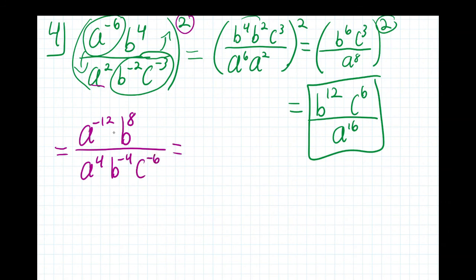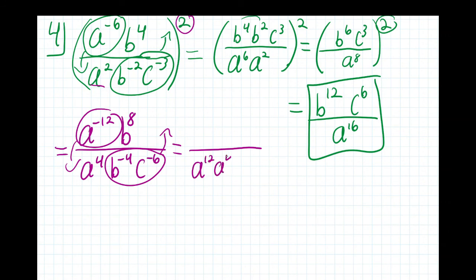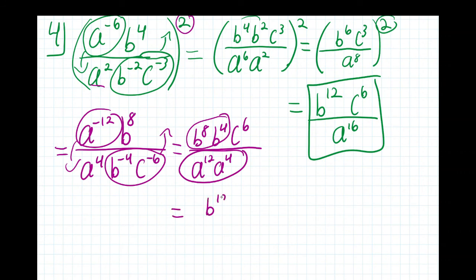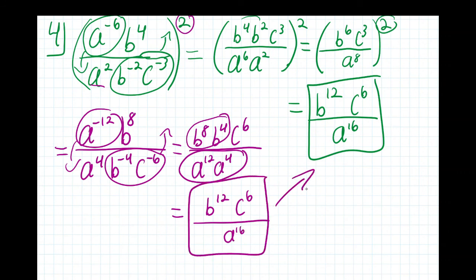Now here, we get rid of our negative exponents. So we get a to the 12th, a to the 4th, b to the 8th, b to the 4th, c to the 6th, and then combine like exponents to get b to the 12th, c to the 6th, all over a to the 16th, just like we got there.